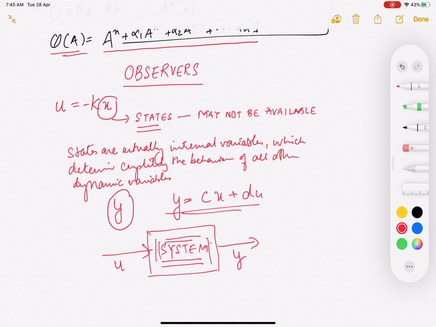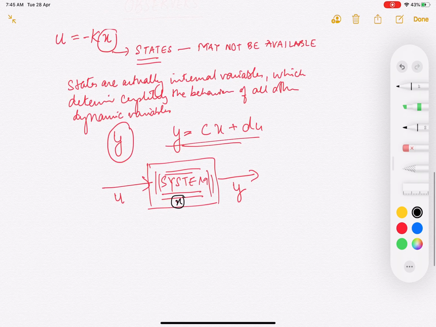It's a dynamical system, things are changing with time, and that change is actually incorporated in x, but this x is not available for measurement. What is available for measurement is y. And what is y? Y is just a linear combination of the x's.